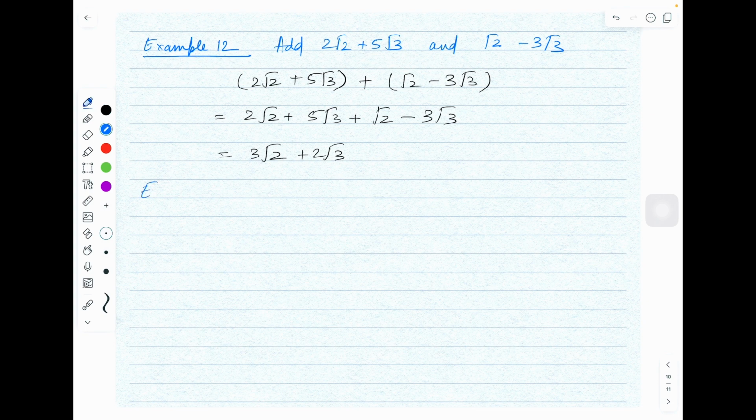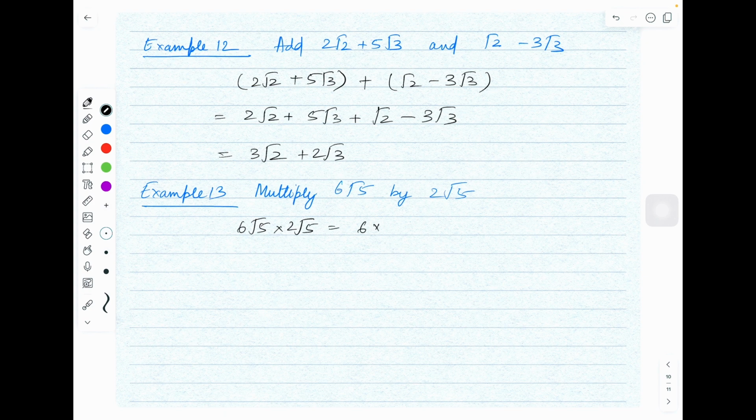Next example, example 13. Example 13 is written as: multiply 6 root 5 by 2 root 5.